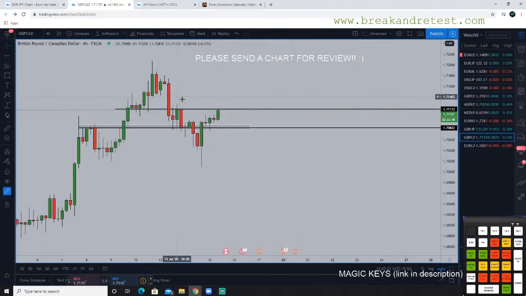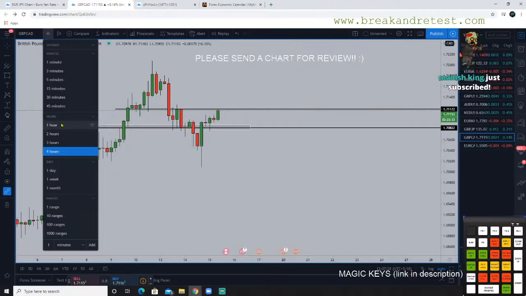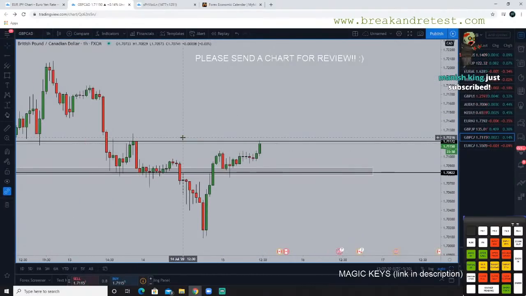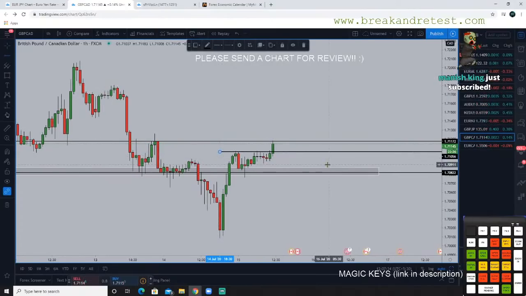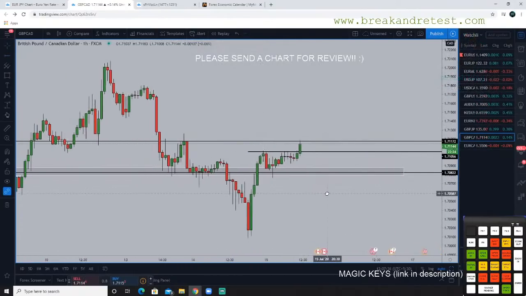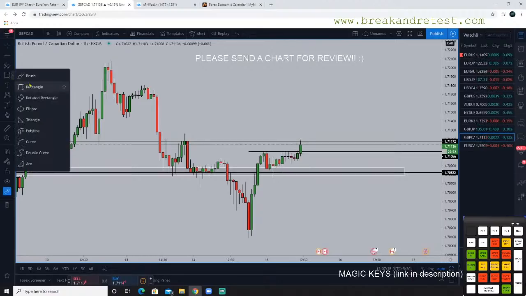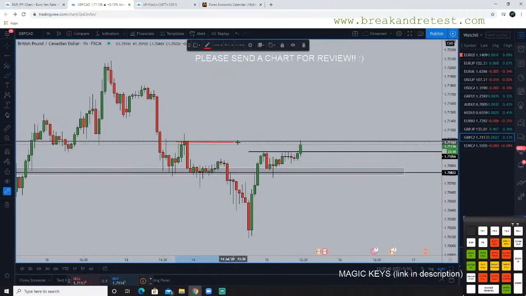What about this zone that GBP CAD created a few hours earlier? We have plenty of rejections. Now, if price is going to continue and break above this, we're going to expect a retest and continuation. What if price comes deeper for a retest of this zone too?